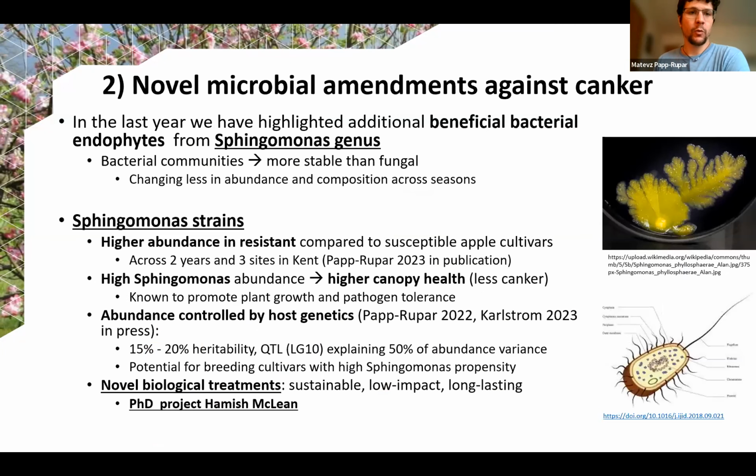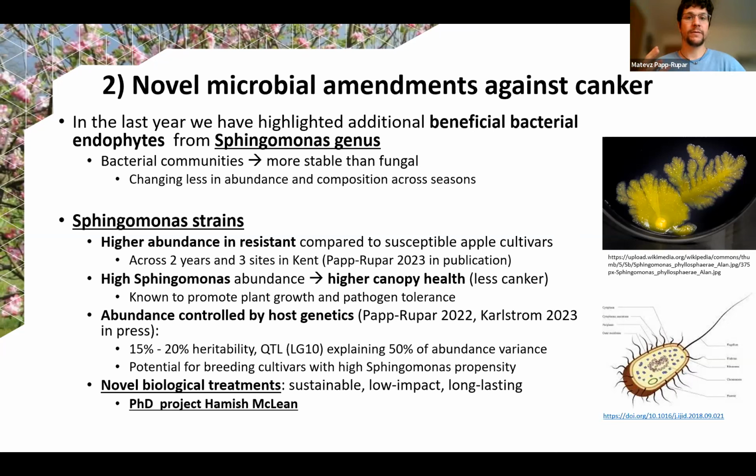Then we looked at what other things we can find apart from Epicoccum, and we started looking at bacteria as well. And we found that when you look at apple trees across different seasons and what kind of bacteria and fungi are living in them, bacterial communities, or bacterial biocontrol, might be better than fungal, because they seem to be more stable in terms of community size and composition from spring to summer to autumn to spring and across seasons.